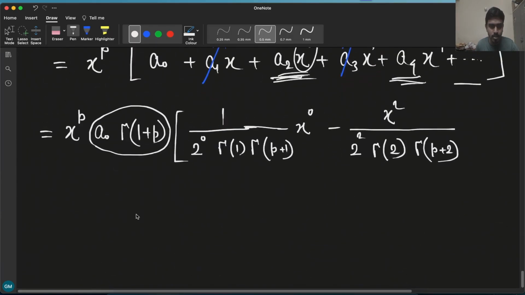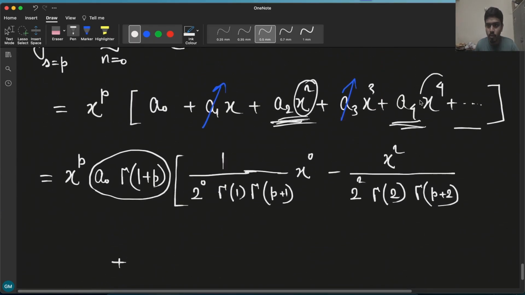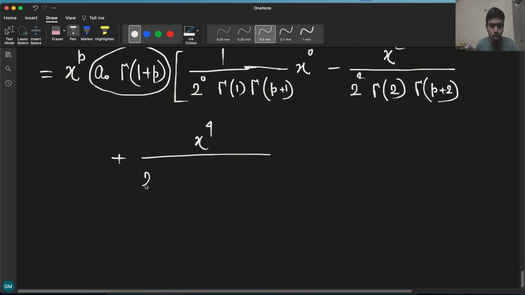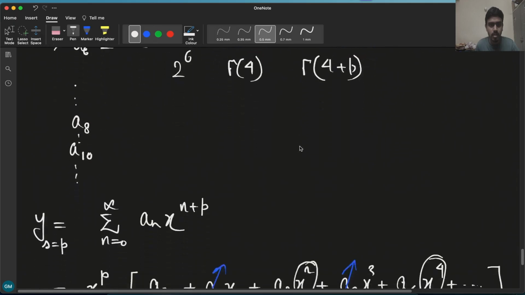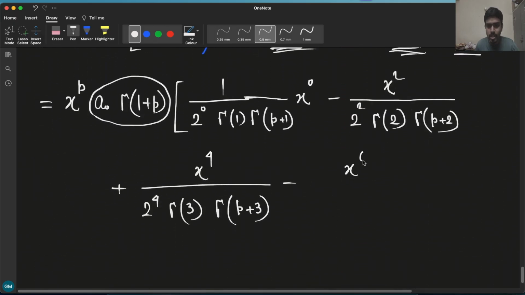So it will be plus this x to the power 4 in the numerator, 3 to the power 4 divided by 2 to the power 4 gamma 3 gamma of p plus 3, minus, if I write this a6 x to the power 6, then it will be x to the power 6 divided by 2 to the power 6, just following the pattern, gamma 4 gamma of p plus 4 plus so on.